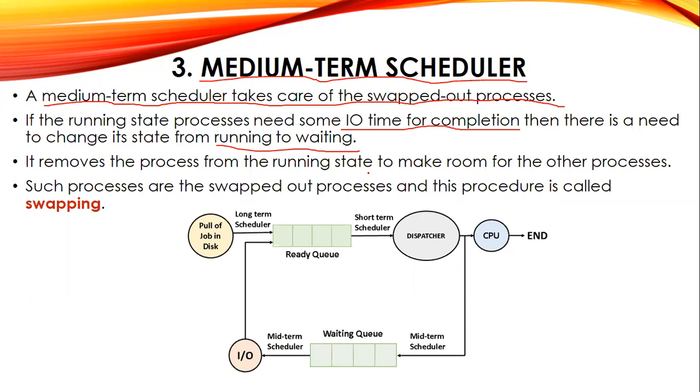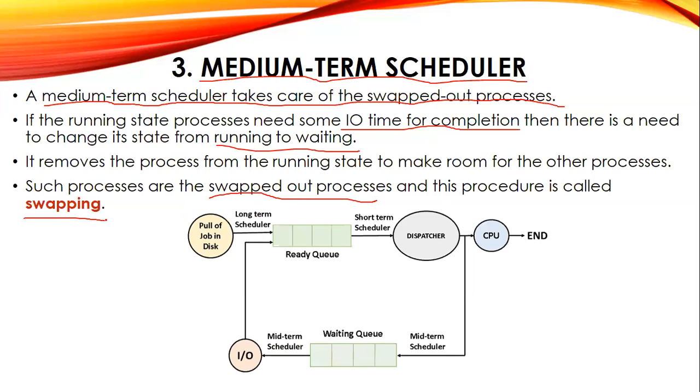If it is not going to be executing, and it will need to wait for some input output operation, in this case it is not necessary to remain in the main memory. Such processes are swapped out processes, and this procedure is called swapping.